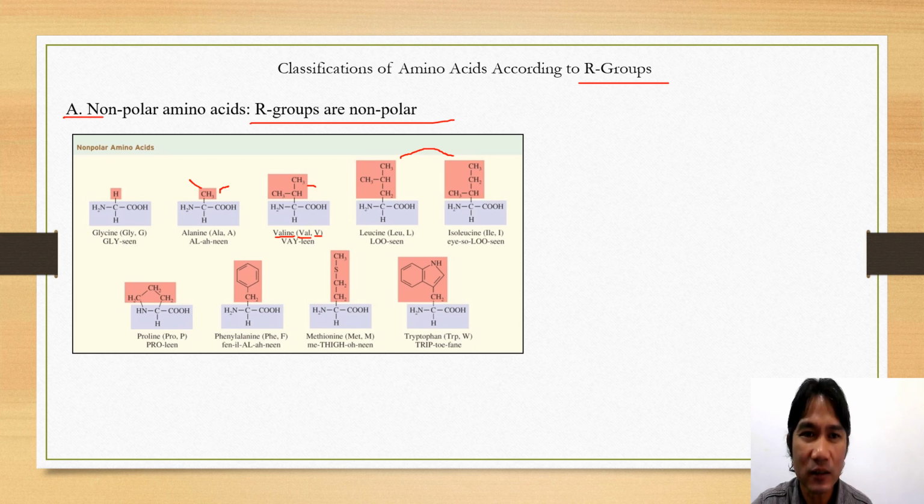So they are non-polar. Normally, when these non-polar amino acids are present in protein, they are hidden, usually in the center of the protein, away from the water environment.